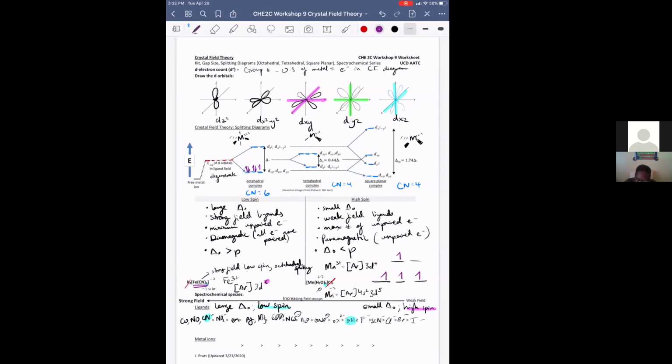So instead of having 4 electrons all in the lower energy level, with our high spin splitting, we'll have 3 electrons in the lower energy level, and then we can promote an electron to the higher energy level. That's because the splitting here in this octahedral complex, the splitting that we observe between these 2 orbital sets, is much smaller. So it's easier for the electron to get promoted to the higher energy levels there.